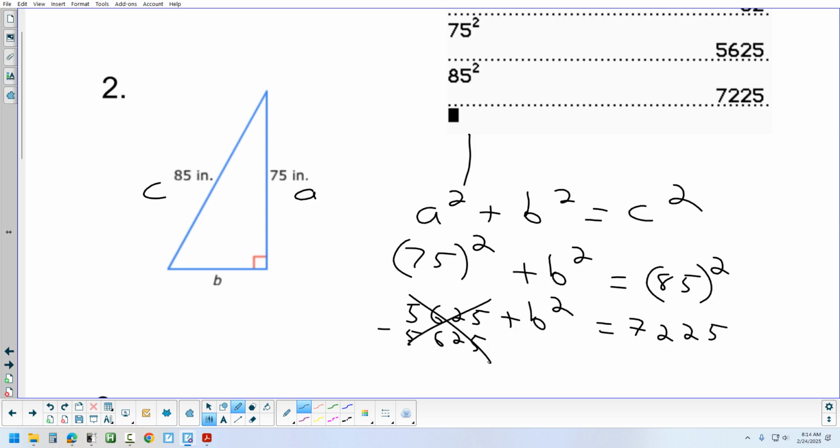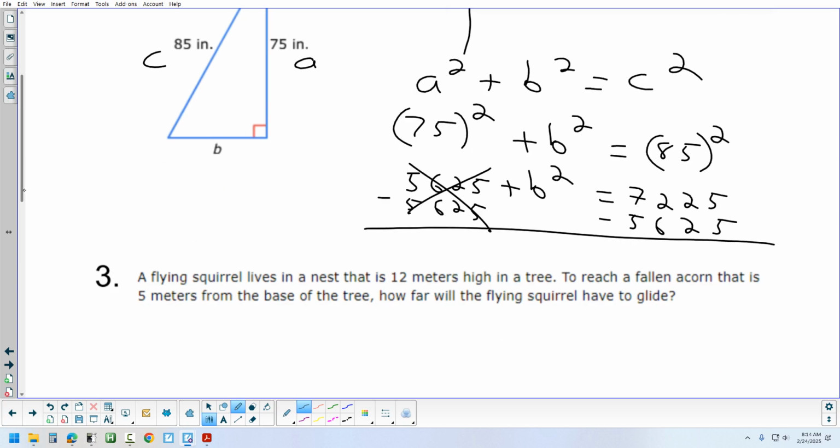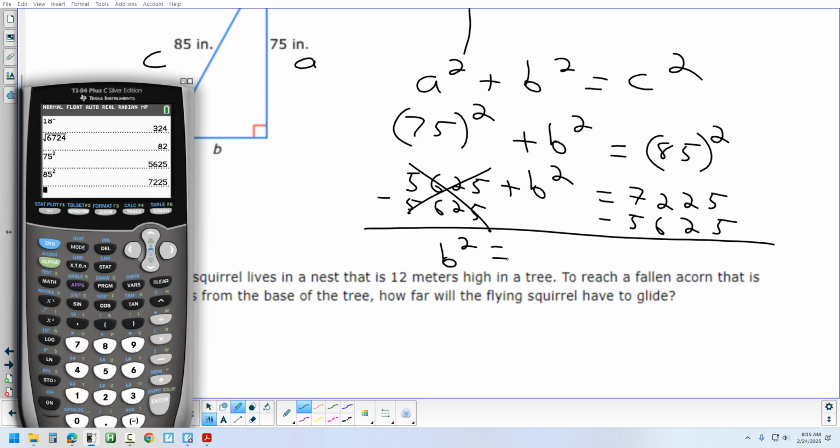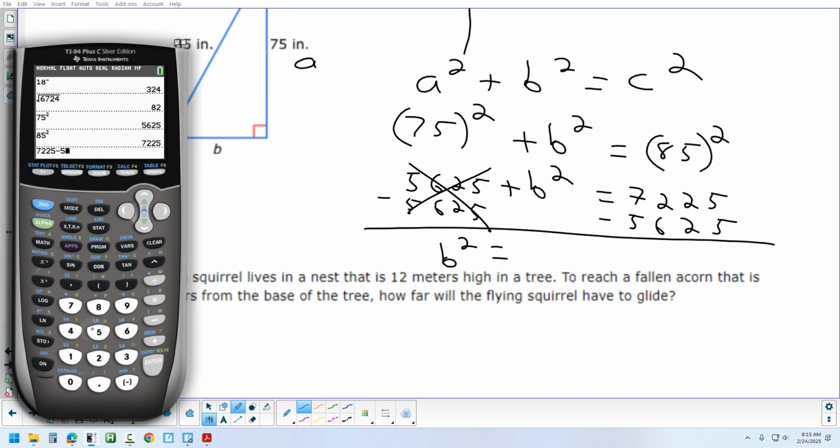So when you subtract it from that side, 5625 minus 5625, you're left with 0. So that's gone. And now, all we have on the left side is b squared equals. And on the right side, 7225 minus 5625. So that gives us 1600.